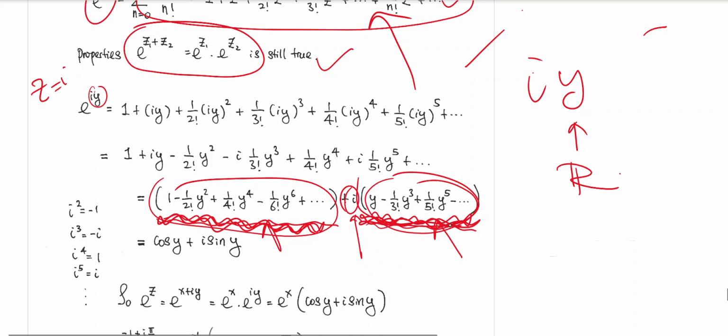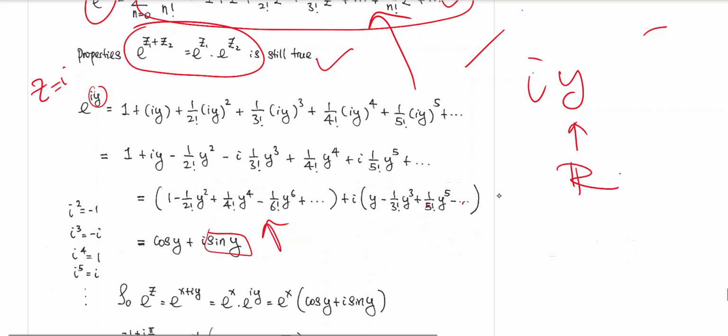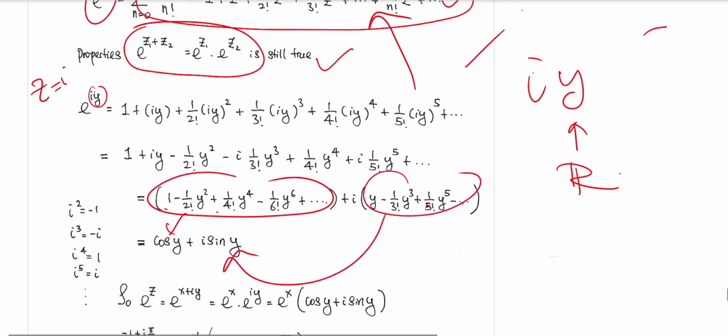And this traditional real number power series, if you remember, is your sine y. This is the one with odd powers 1, 3, 5, with alternating plus and minus signs. This is the even powers, that's the cosine function. You have power 0, power 2, 4, 6, 8, and so on and so forth, with alternating plus and minus. So this part here is actually cosine y. This part here is actually your sine y.